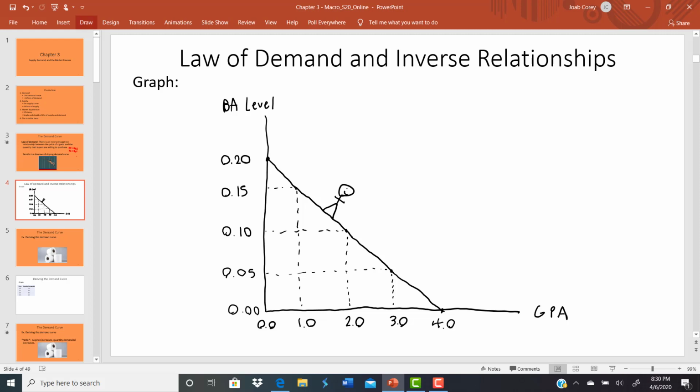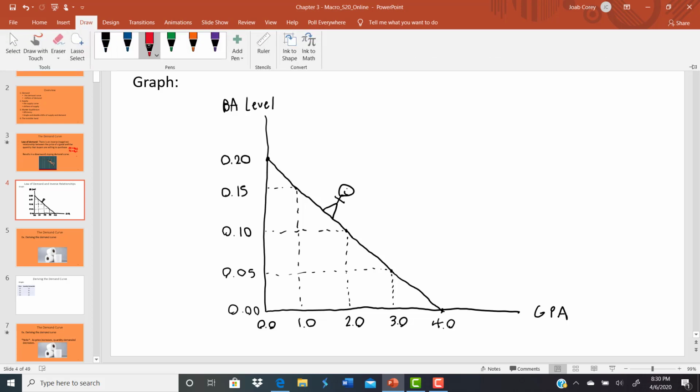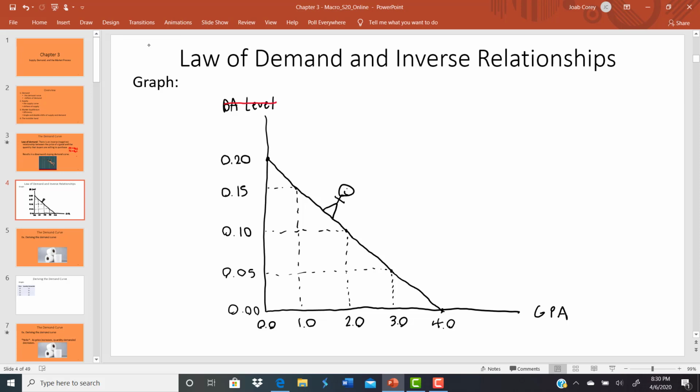Now, if we were to change the story here about what this graph represents, and we change this blood alcohol level to price, so this would be like 20 cents, 15 cents, 10 cents, and maybe 5 cents, and we change this GPA to the quantity that we were willing to buy at these different prices.